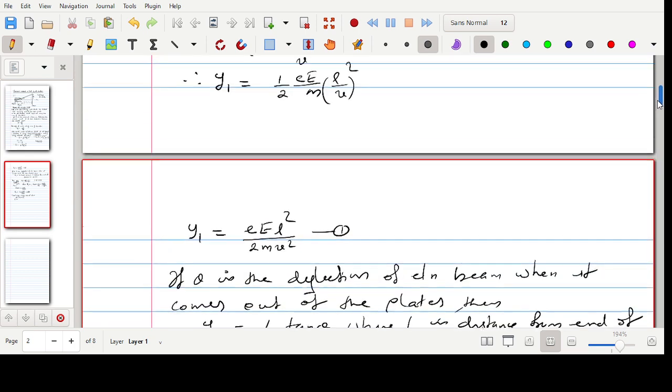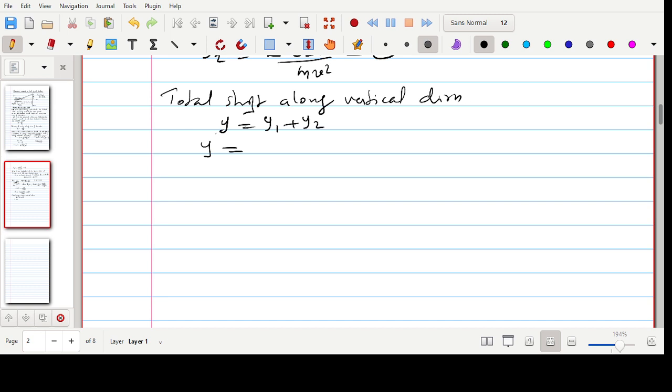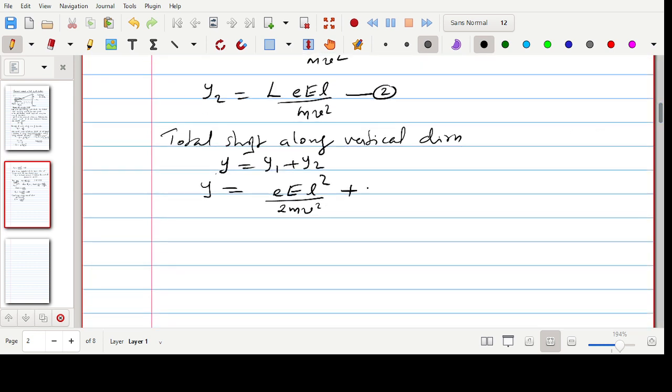Y1 is eEL square by 2mV square, plus, what is y2? Y2 is eEL square by mV square. From both these terms, I am taking eEL by mV square common.